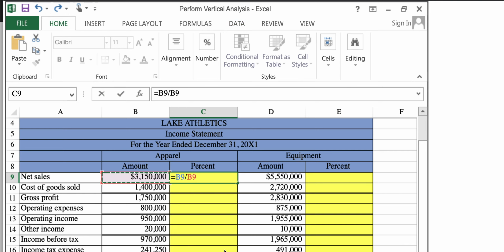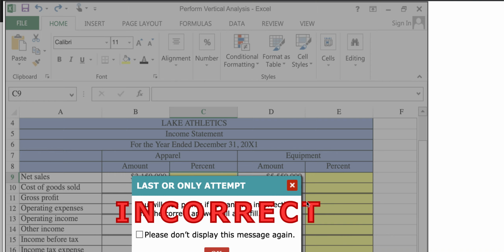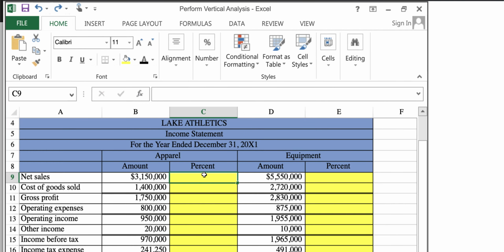Okay, let me just do it this way. It works on Safari, and I happen to switch over to Google Chrome, so it's doing something weird for me. Dollar sign here. Well, let's try this one more time. Equals B9 divided by dollar sign B, dollar sign 9.